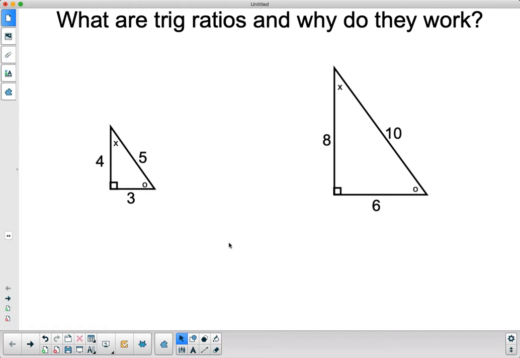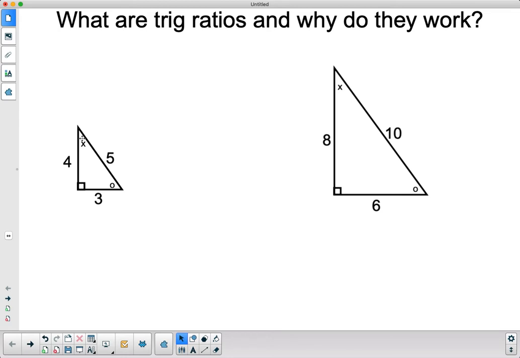So now the first thing that I want you to think and make sure that you understand is that I can make these triangles as big as I want, and I will have another similar triangle that has this same angle in it and this same angle in it.